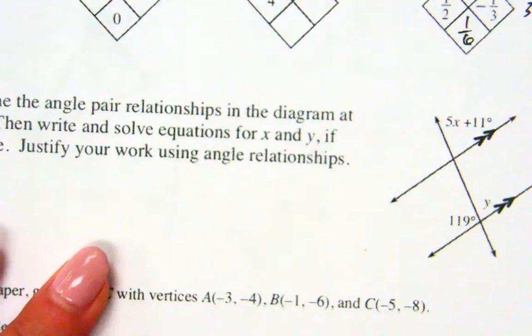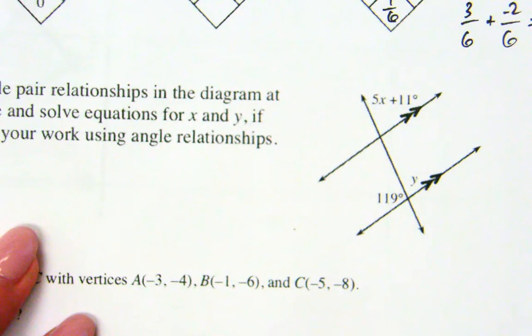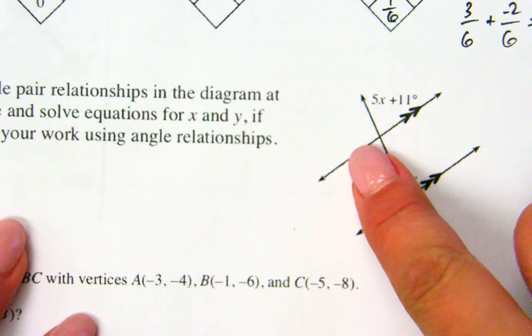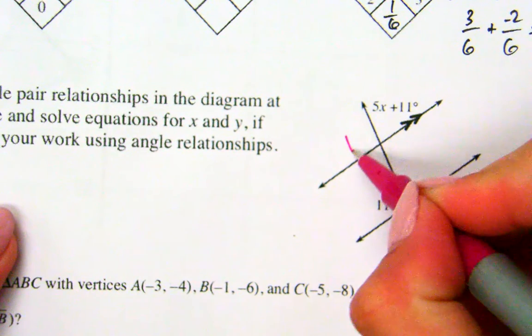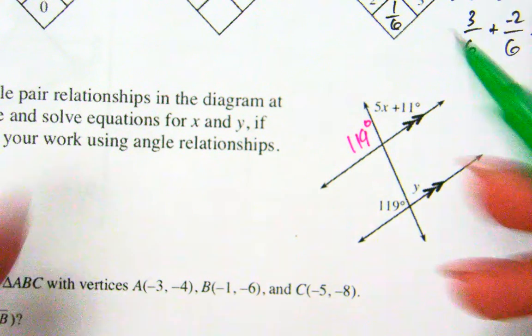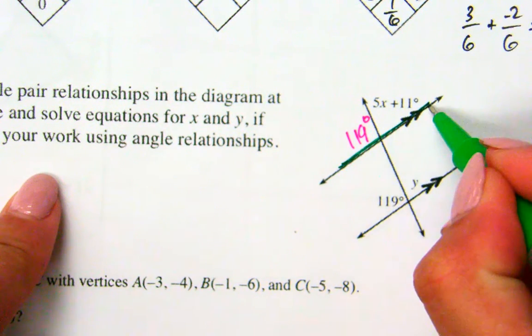And then 113, I'm going to set you up for this. Now these are parallel, so that means if I trace 119, I can slide it up, and its corresponding angle will also be 119 over here. All right. Now it should help you out a little bit because 119 and 5x plus 11 are both on a line together over here.